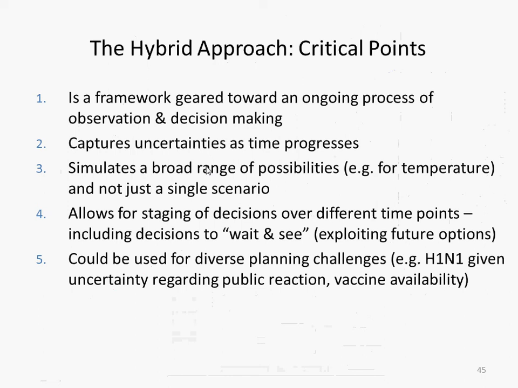We're talking about running the simulation model against a wide range of possible scenarios involving, on the one hand, temperature changes, and on the other hand, decisions associated with them. We have staging of decisions at different points, including the decision to wait and see, to exploit further options.